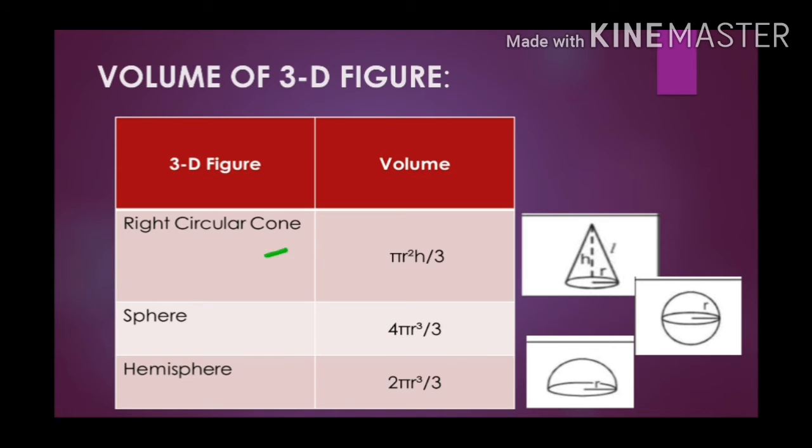The volume of a right circular cone is 1 by 3 pi r square h, where r is the radius of the base and h is the height. For a sphere, the volume is 4 by 3 pi r cube, where r is the radius of the sphere, and for a hemisphere it will be 2 by 3 into pi r cube, where r is the radius of the hemisphere.